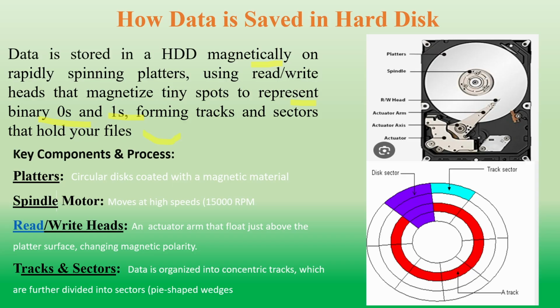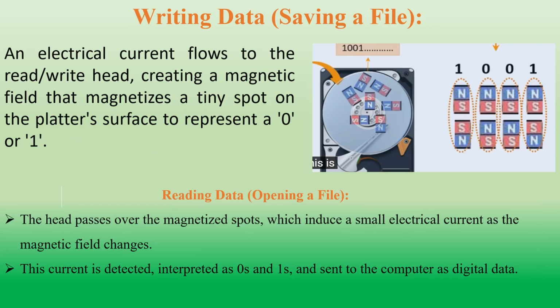In this mechanical part, one is the platter, a circular disc, and a spindle motor rotates the platter, along with the read-write head, and the track and the sector. This is a track and these are the sectors used to store the data.